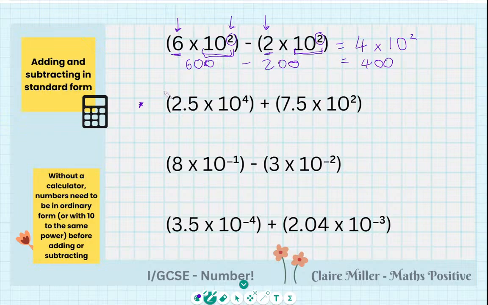One way to do these with a calculator would just be to literally type in 2.5 times and then 10 to the power of 4 to start with, using the 10 button and the power button that looks like this for a lot of you.